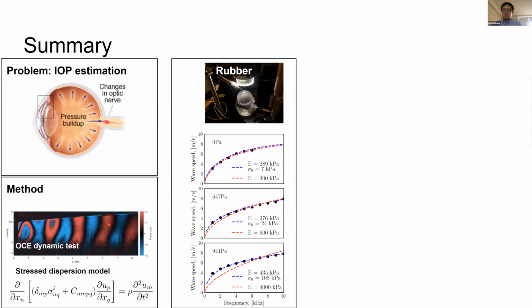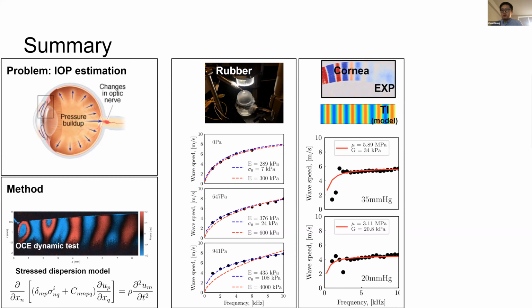We first tested on the rubber sample, and we knew that the residual stress is crucial to the modeling, and the presence of the IOP is crucial to the dynamic behavior of the rubber. Then moving on to the cornea, we know that a simple isotropic model won't work, but we have to consider the transverse isotropic model. This worked well with our data and the observation from the displacement field.